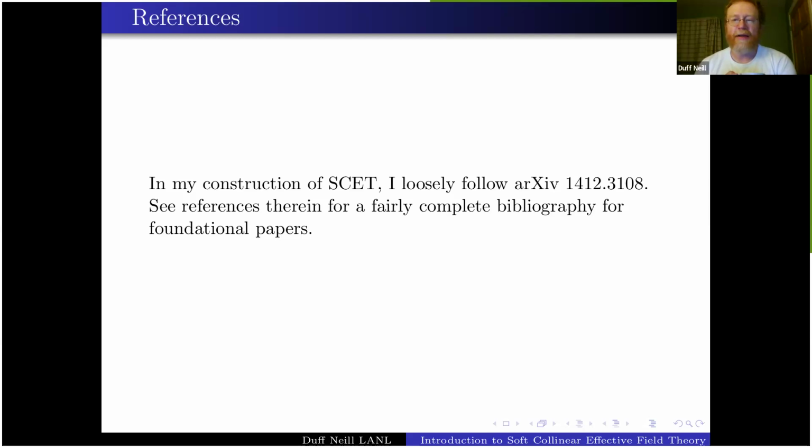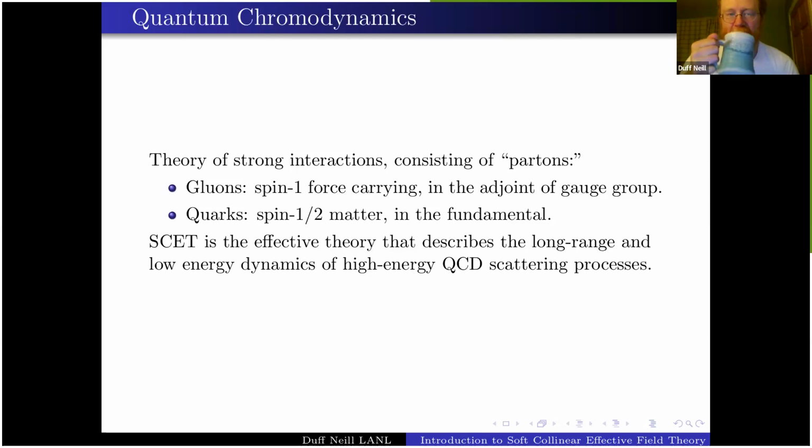So it does contain a fairly complete discussion of how you would go about constructing SCET, but also in the fastest way possible. What's also good about that paper is that it has a fairly complete bibliography of the foundational papers of SCET and a lot of the applications of SCET up until 2014. Since then, a lot has happened, and well, not going to get into that just yet.